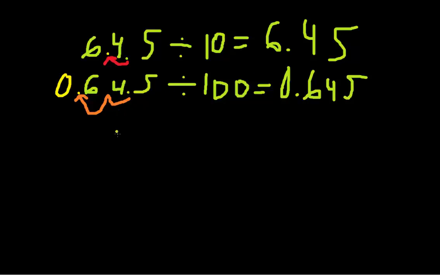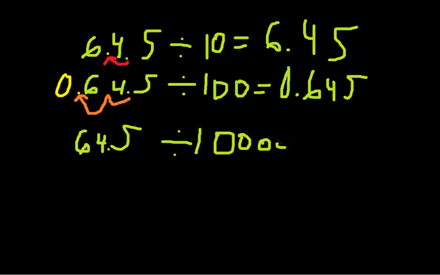So now 64.5, sorry, divided by 1,000 would equal, since there are three zeros, you're going to have to move it 3 times.